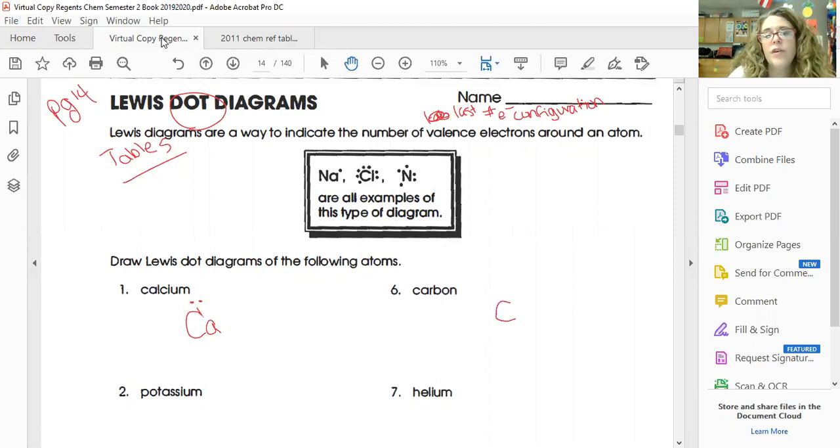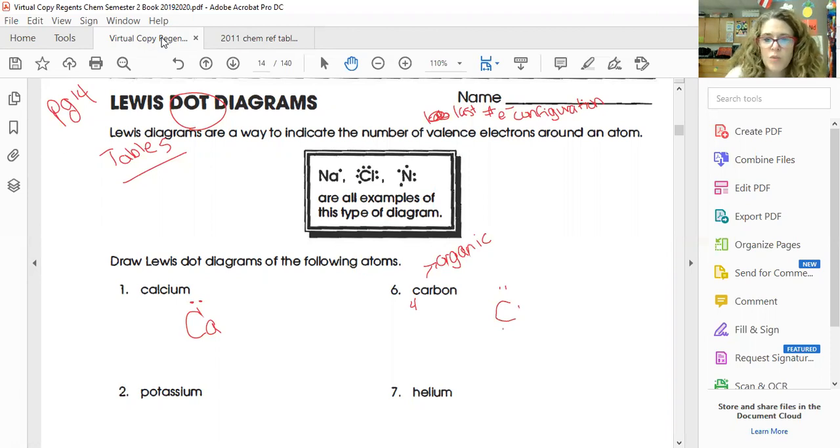Carbon is a very unique element, which is why we have a whole branch of chemistry called organic chemistry named after carbon, because it has 4 valence electrons and it can do all kinds of things. It can make a lot more bonds because it has to make 4 bonds. So carbon has 4 valence electrons, and there are 2 ways we can draw this. So there are 2 together, and then now 1 at a time, 3 and 4.